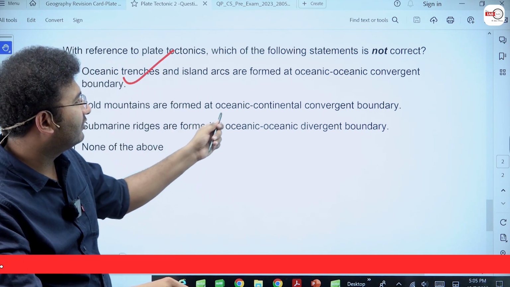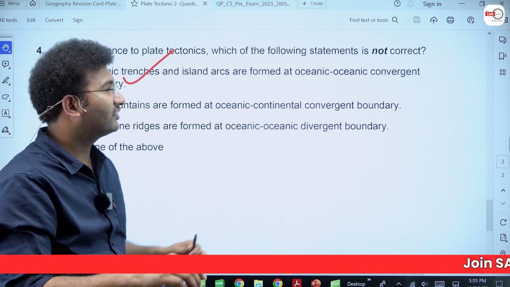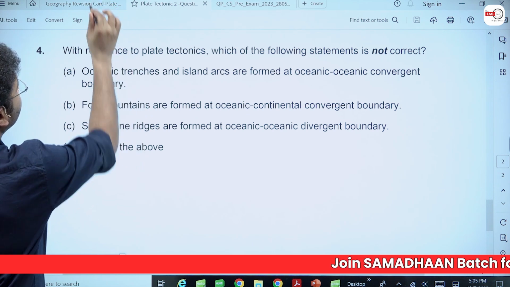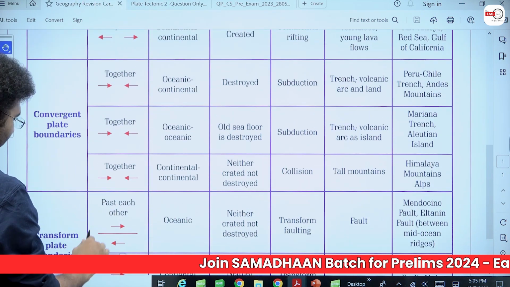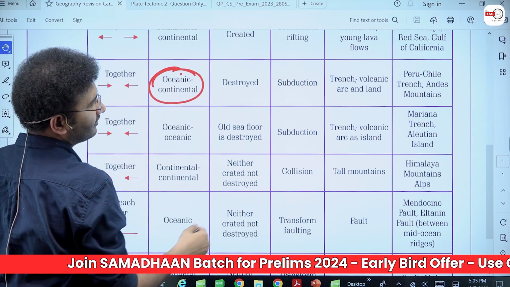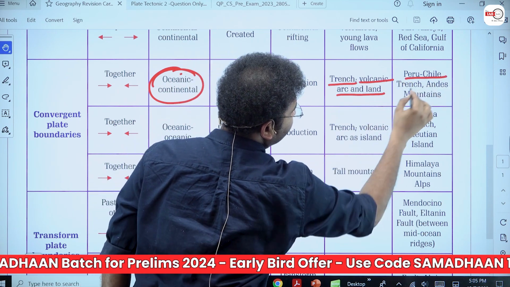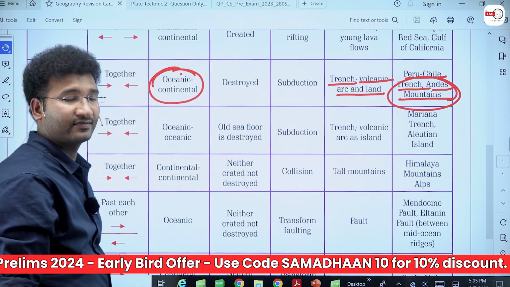Fold mountains are formed at the ocean continental convergence boundary. Let us go and check in the ocean and continental convergence boundary. Here, this is your ocean and continental convergence boundary. You find trench, you find volcanic arcs, Peru, Chile trench, Andes mountains. So Andes mountains are seen here.